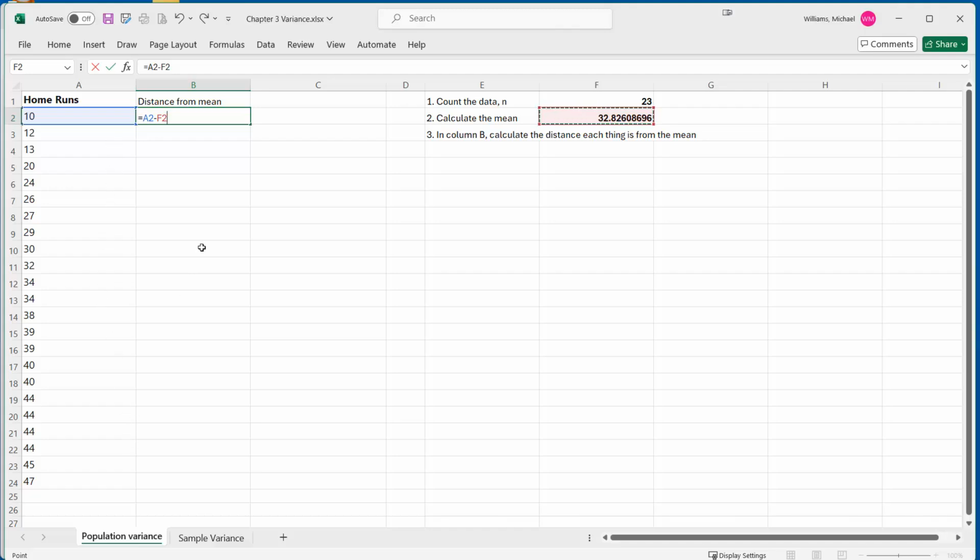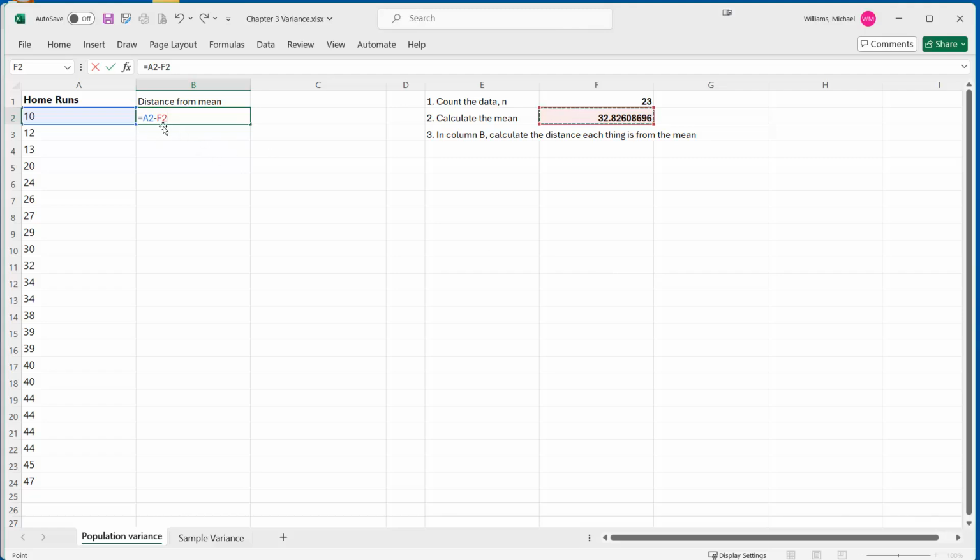Now there's a shortcut that we can use, but we have to tell Excel that this F2 never moves. It always stays right here. It doesn't change like rows. Now how do you tell Excel that something never moves? You put a dollar sign.